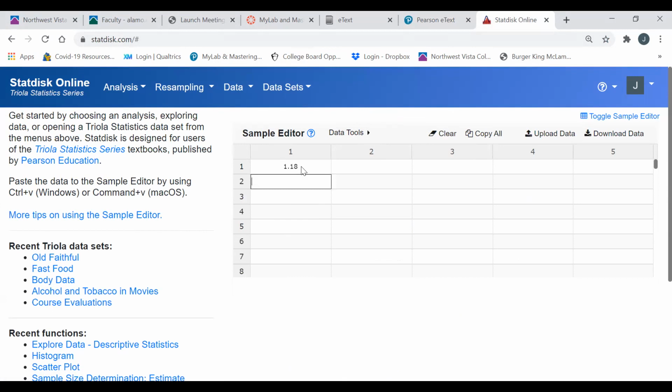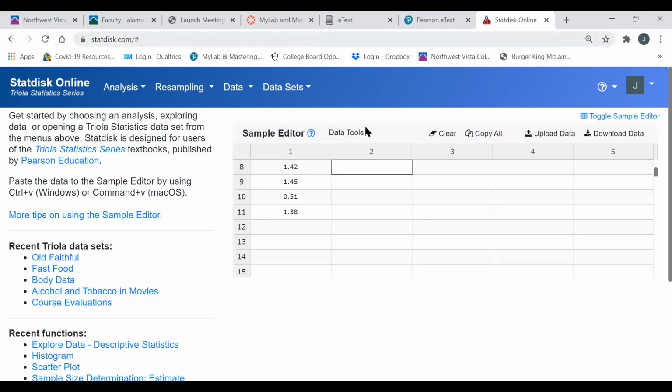Make sure you type in the numbers right. 1.41, 1.49, 1.04, 1.45, 0.74, 0.89, 1.42, 1.45, 0.81, 1.38. 11 numbers.